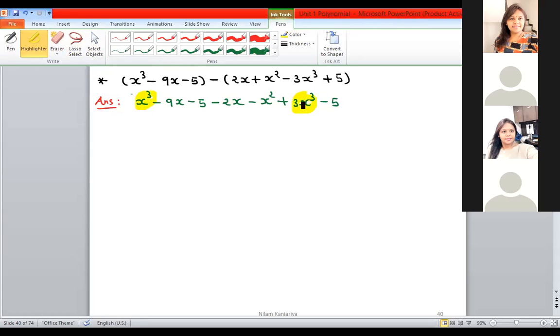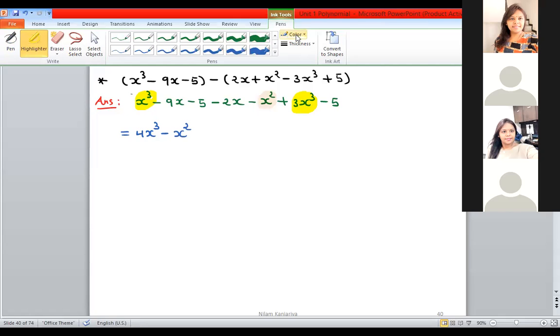So checking, both are positive, take addition. x cube plus 3x cube, that is 4x cube. One less power, and that is x square. You find another term? There is no other term. So x square as it is.